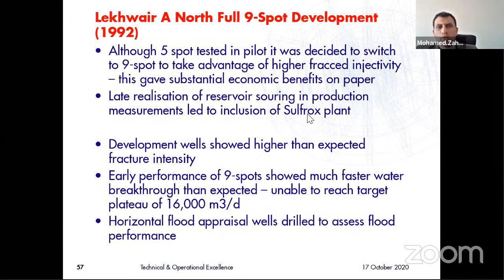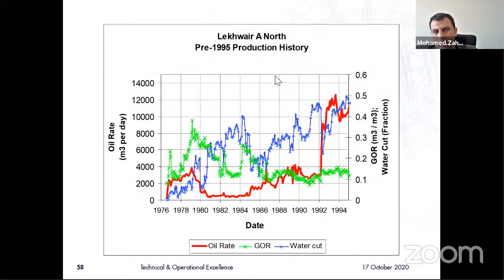We decided to drill 5 spots here, and we tried the 9 spot as well. The pilot was 5 spot. Then we switched the 5 spot to 9 spot, and we'll show the impact of drilling it as well.